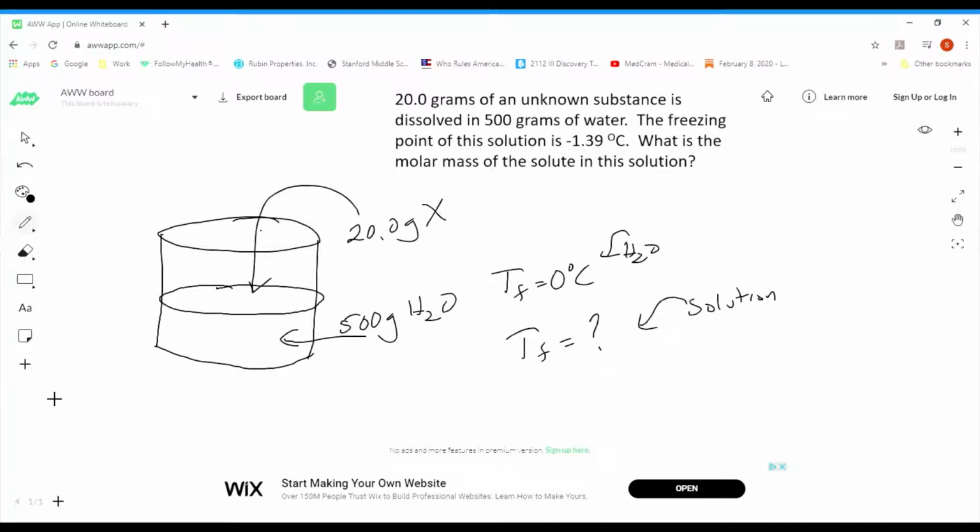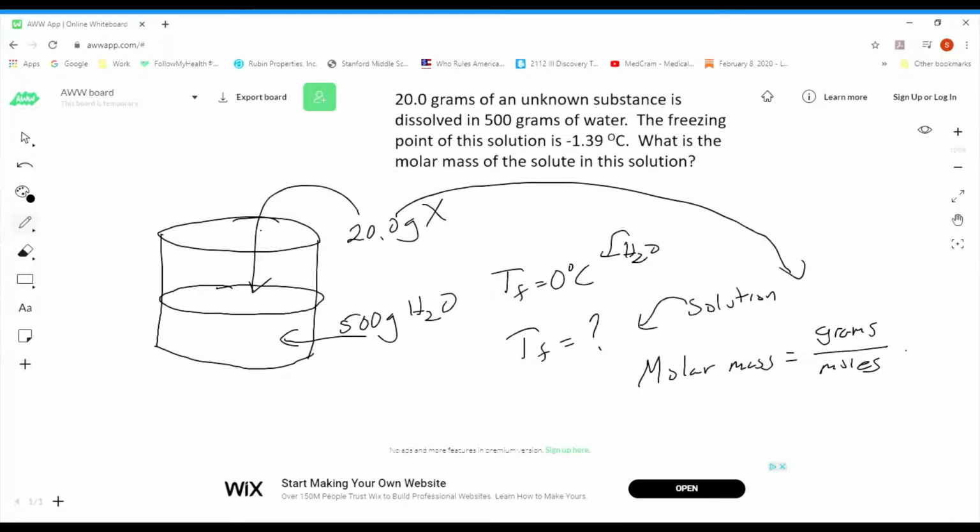Okay. And the whole idea is this: in order to figure out molar mass, what you need is grams divided by moles. All right, so this chunk right here, we know that we have 20 grams.